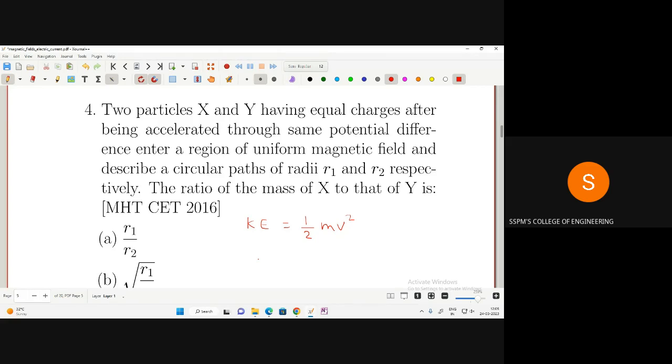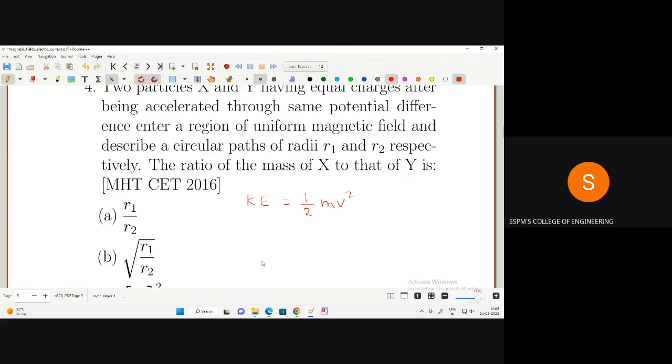Also, in the medium of magnetic induction, the charge is rotating in a circular path. To maintain the balance of the charge, the magnetic force must be equal to the centripetal force, where the magnetic force is q v B and the centripetal force is m v square by r.